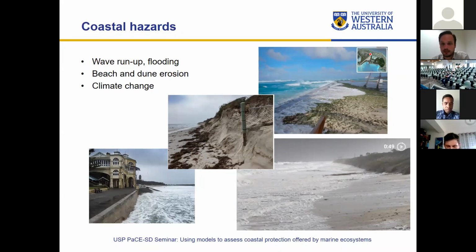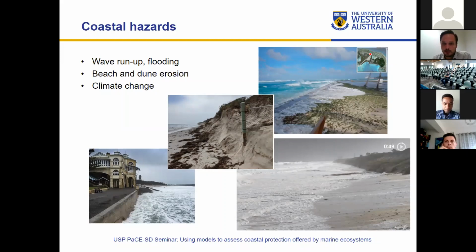Another aspect is beach and dune erosion. So if you have a big storm, the dunes and the beaches might erode significantly, which is normally a natural process. But if you have something built close to the shore, or if it's more of a longer-term structural problem, then it can become an issue where coastal engineers are asked to think about how to prevent it.